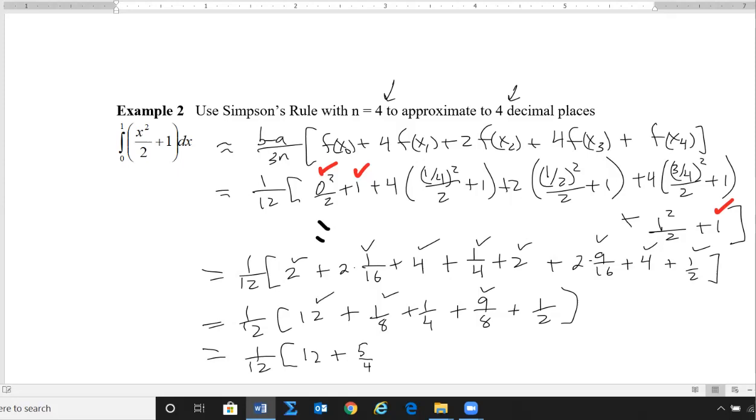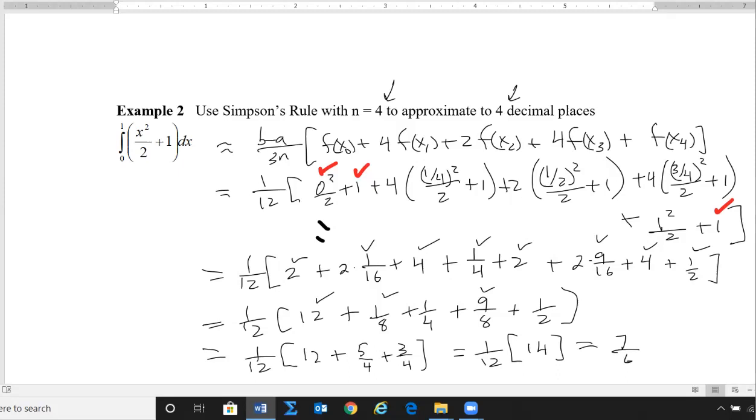And then we have half, and that's 3/4. So that's 1/12 of, let's see, we'll make this 12 and 8 over 4 is 2, so it's a 14. So this should be 7 over 6.